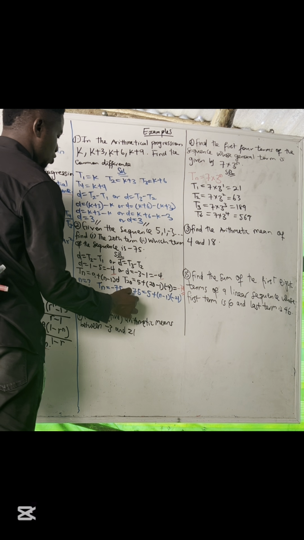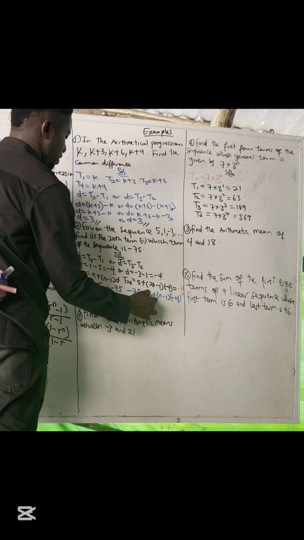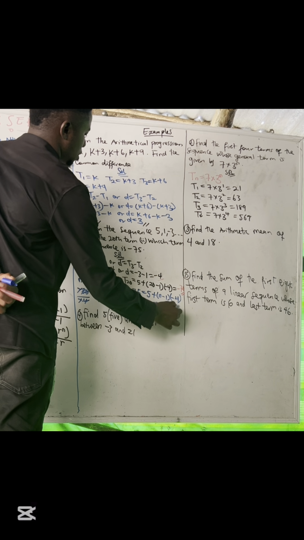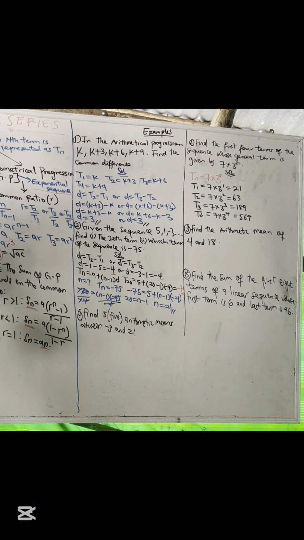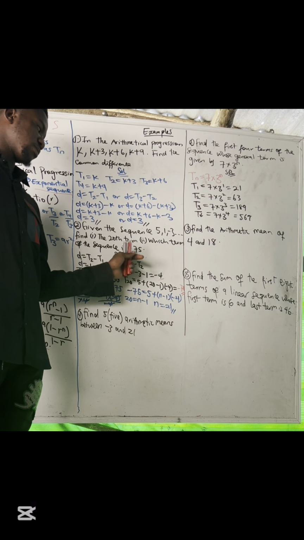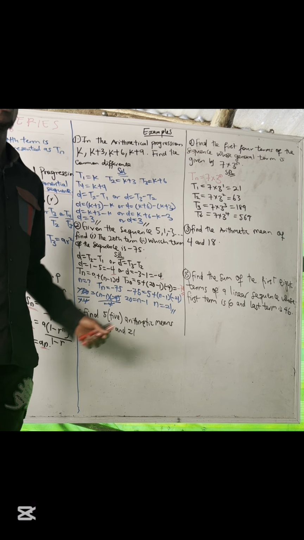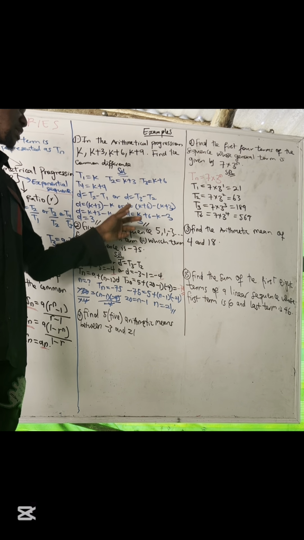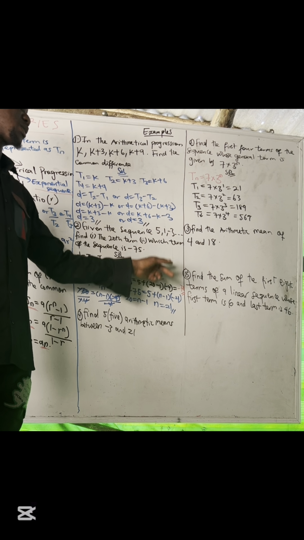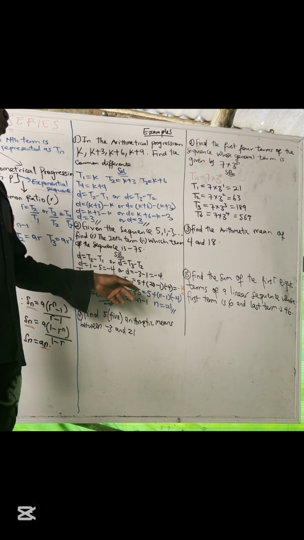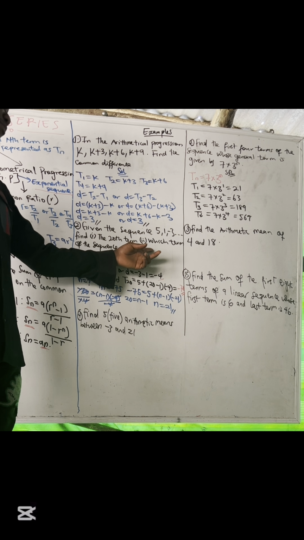That is 20 is equal to n minus 1. If this minus 1 goes to the other side, your n is equal to 21. So this simply means that if you count from 1 to 21, the 21st term, the value is going to be minus 75.